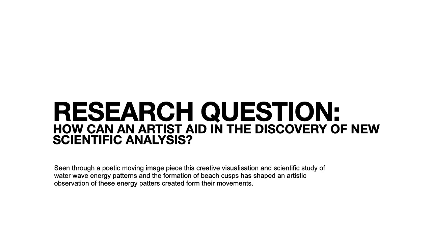As I said, seen through a poetic moving image piece, this creative visualization and scientific study of water wave energy patterns and the formation of beach cusps has shaped an artistic observation of these energy patterns created by their movement. So I'm looking at the movement and how I can create something beautiful and poetic from that.